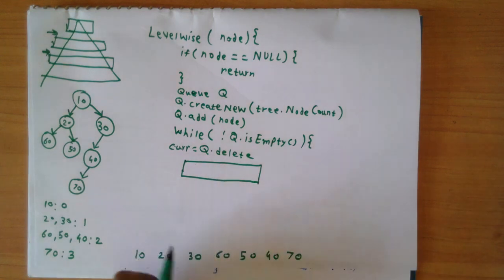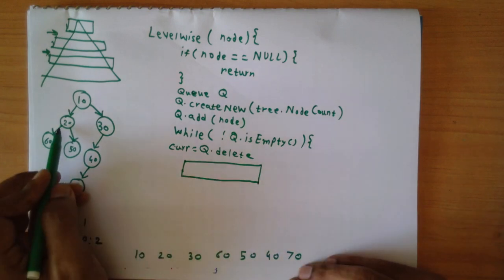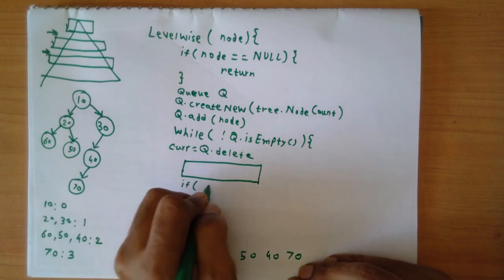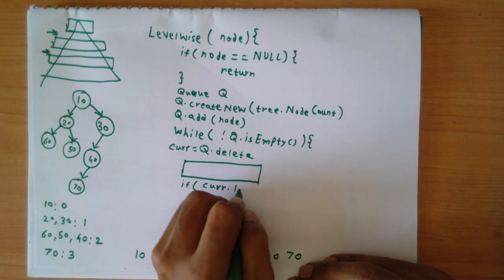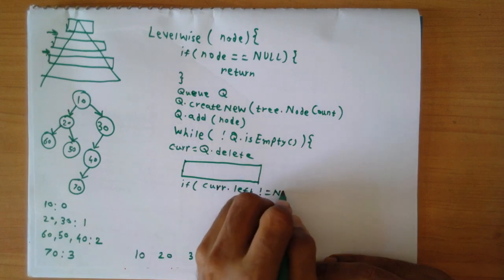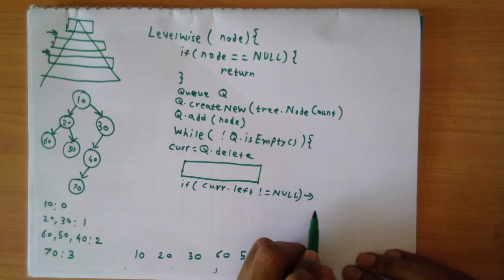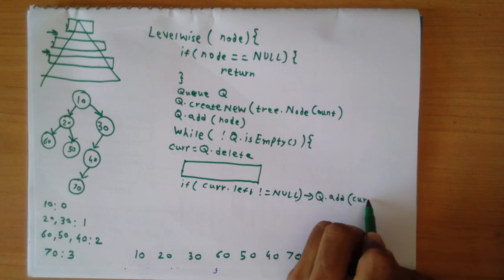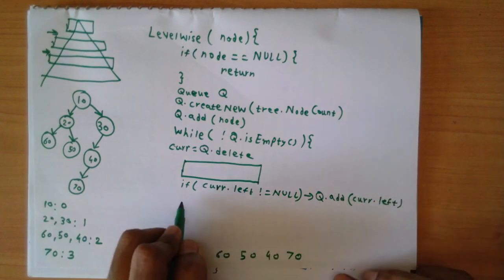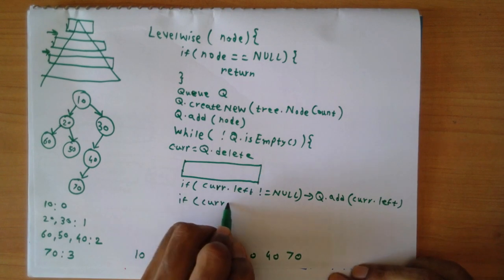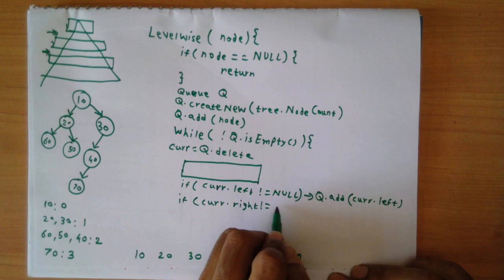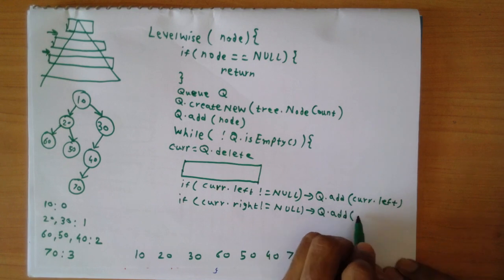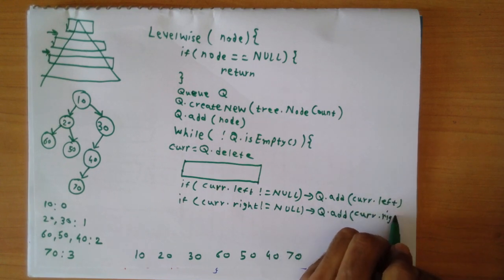Once you do that, you want to check if there exists the left child and then add it. So we'll say that if current.left is not equal to null, then we should add to the q, q.add current.left. And similarly, if current.right is not equal to null, then we should add to the q current.right.